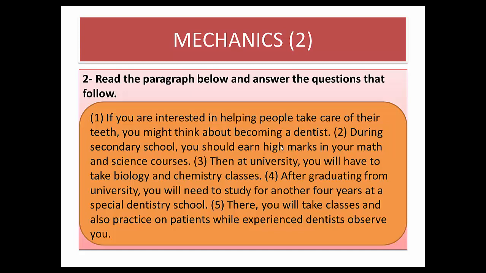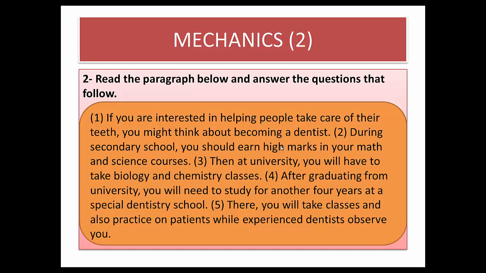During secondary school, you should earn high marks. If you do not know the meaning of earn, let's guess it. You should get high marks, yes, in your math and science courses, and in every subject, of course.